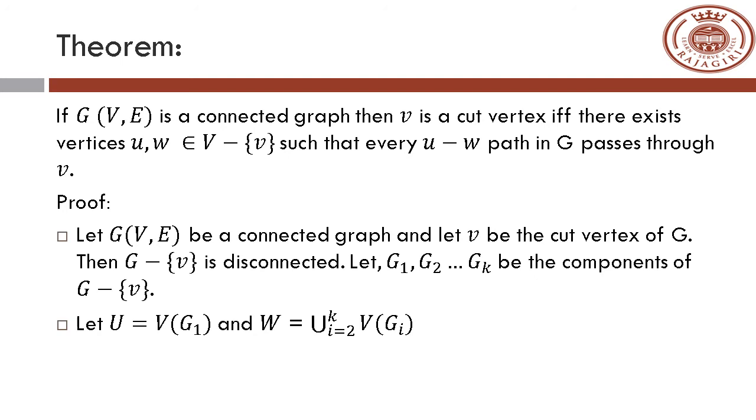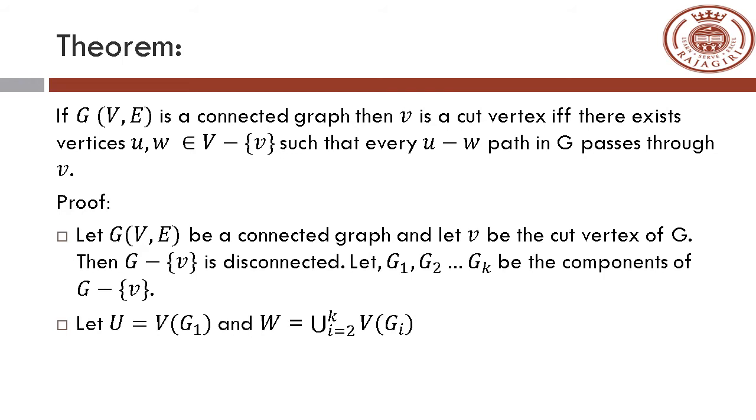And the theorem states that V is a cut vertex if and only if there exist vertices U and W in the remaining vertices V minus {V} such that every UW path in G passes through V. We can see the proof.